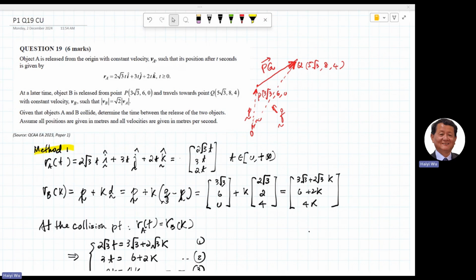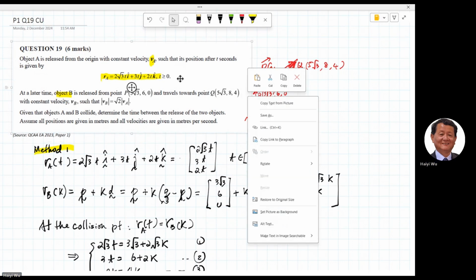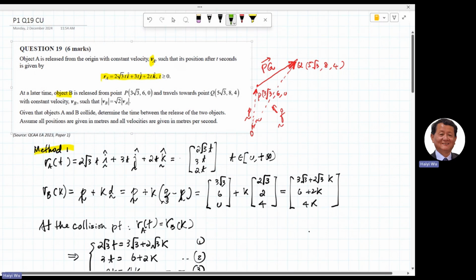So we've got two particles, or objects. One has displacement vector, let's call it RA, and a velocity called VA. The other is particle B, or object B. The displacement wasn't given, so let's call it RB.